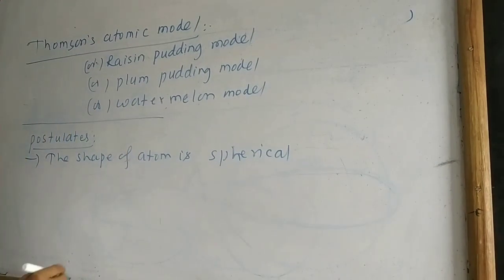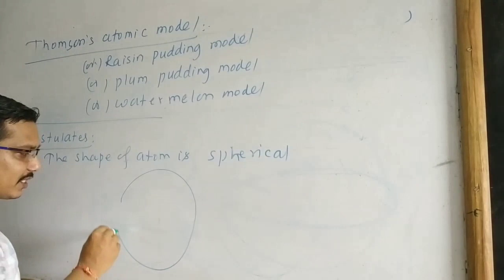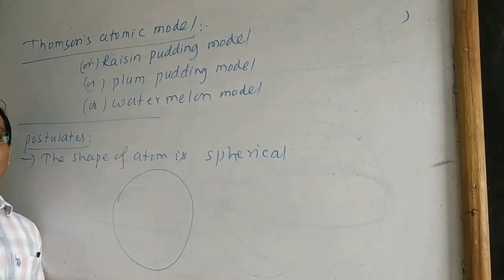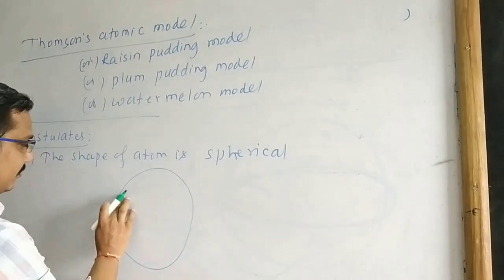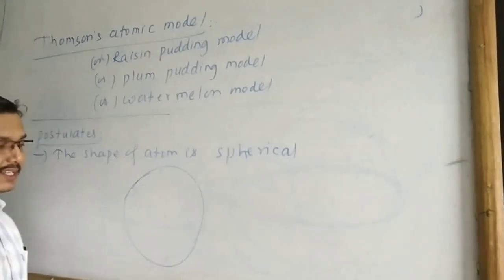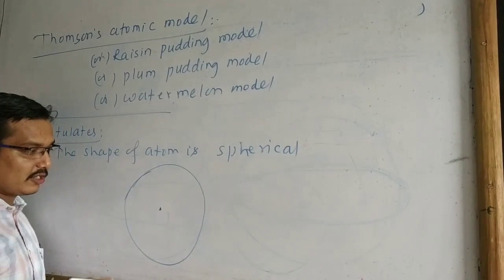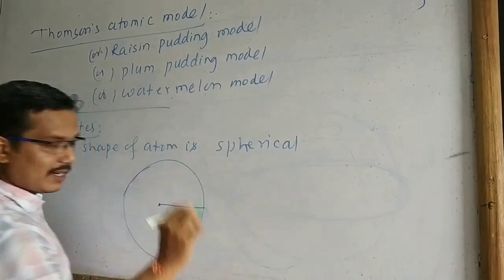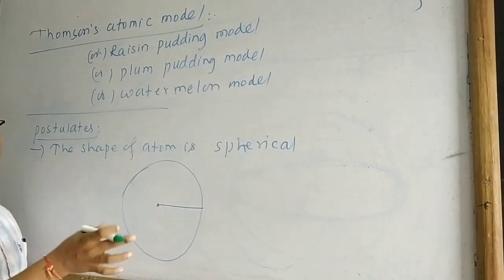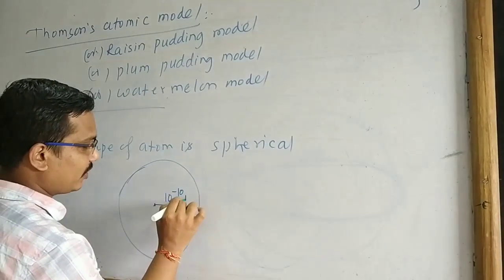That means the shape of atom looks like a spherical object, like a volleyball or football. Since the shape of atom is spherical, the atom must have a radius. Suppose this is your center and this is the radius of an atom. According to Thomson, its value is 10 to the minus 10 meter.